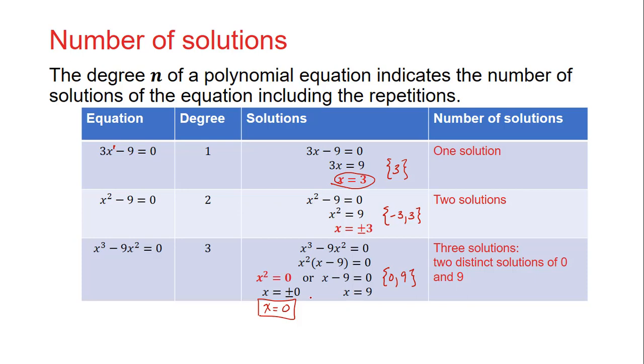So when we say that the equation has the number of solutions as indicated by the degree, that includes repetitions as well. So let me just recap here that we had a linear equation of degree 1, a quadratic equation of degree 2, and then a cubic equation has a polynomial of degree 3.